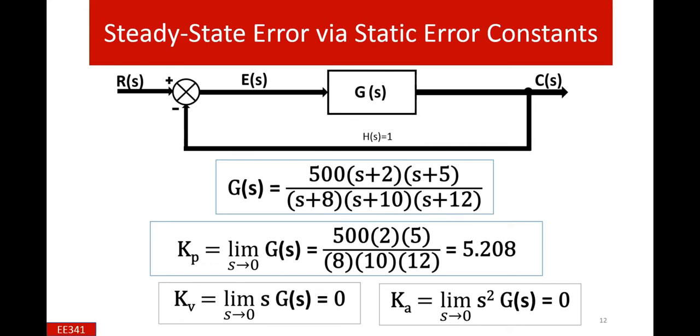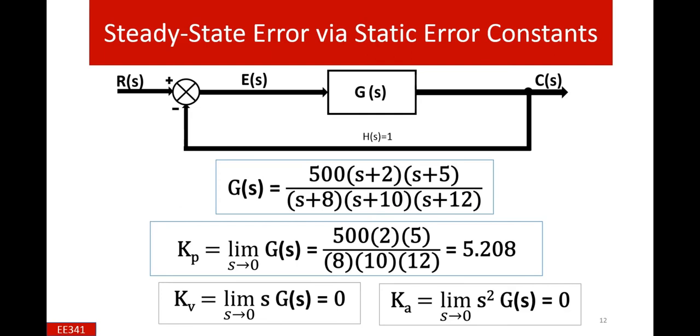There are two zeros at s equal to -1 and s equal to -2 on the real axis, and similarly there are three poles. The first pole is at s equal to -8, the second pole is at s equal to -10, and the third pole is at s equal to -12. So these poles with a fixed value of k, for example in this case we consider this value as k, and then we have to find the value of different static error constants.